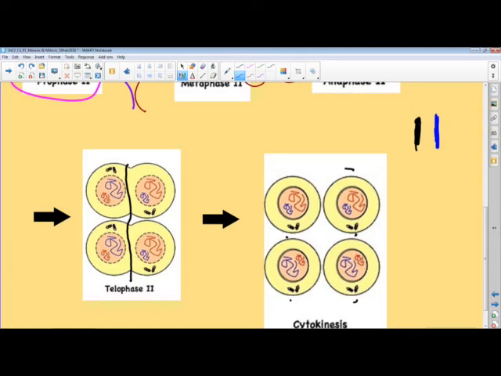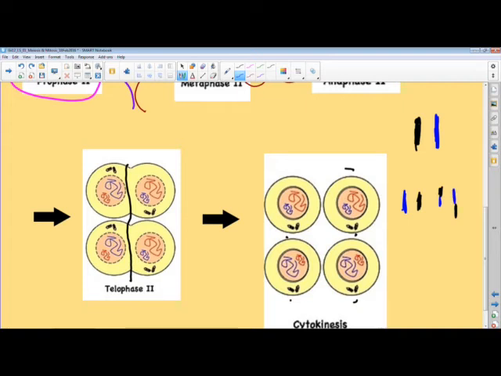We can end up with a chromosome that is identical to your dad. We can end off with a chromosome that's identical to your mom. We can end up with one where it's got a little bit of your dad and a little bit of your mom up here. And we can end off with one that has got a little bit of your dad down here and a little bit of your mom up here.